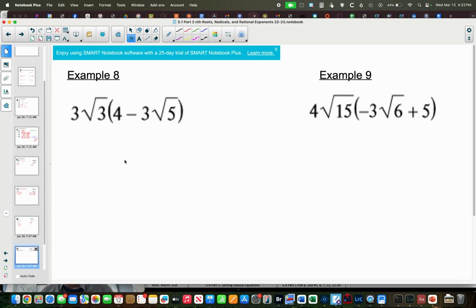All right, moving on. All right, so here we're going to use the distributive property. 4 times 3 is 12. So it's 12 square root of 3 minus 3 times 3 is 9, and that's square root of 15.